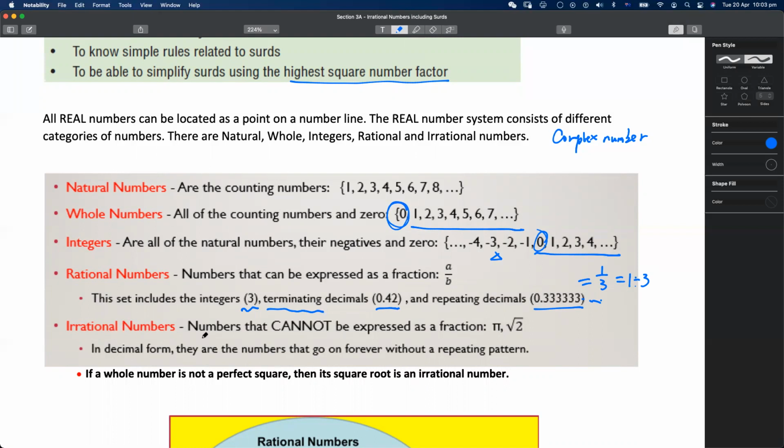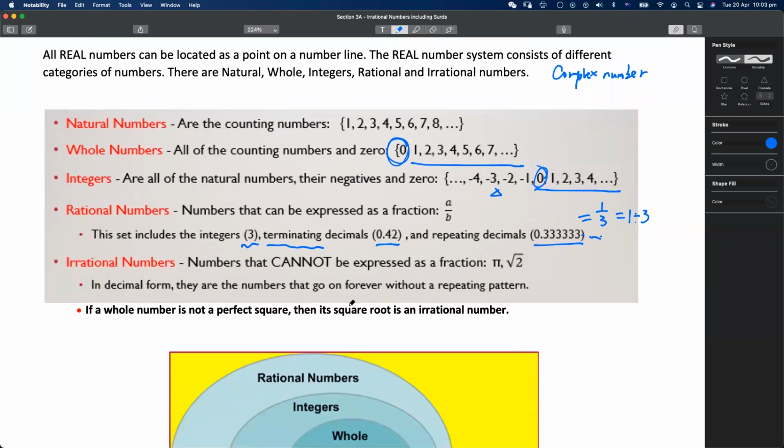And you've got irrational numbers, which are the numbers that cannot be expressed as a fraction. For example, pi. We know pi is roughly 3.14, but you could go for more, like 1, 9, 2, 6, and so on. The more you go, it's just never terminating, and it's not recurring as well. So it's neither terminating nor recurring.